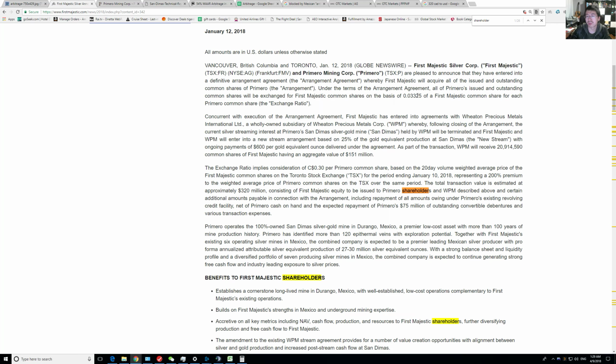It's essentially like 30 to 1. If you look at it, it's basically 30 to 1. Otherwise, it would be 0.33333 or something like that. But 0.03325, it's 30 to 1. So for every 30 shares of Primero Mining, you get 1 share of First Logistics Silver when the transaction closes.